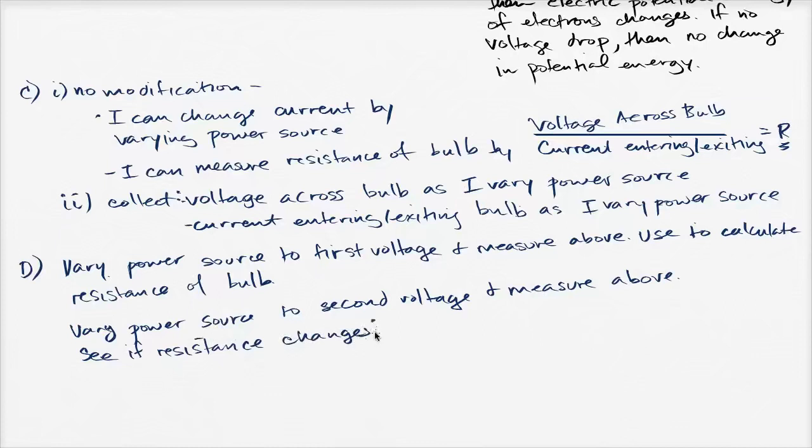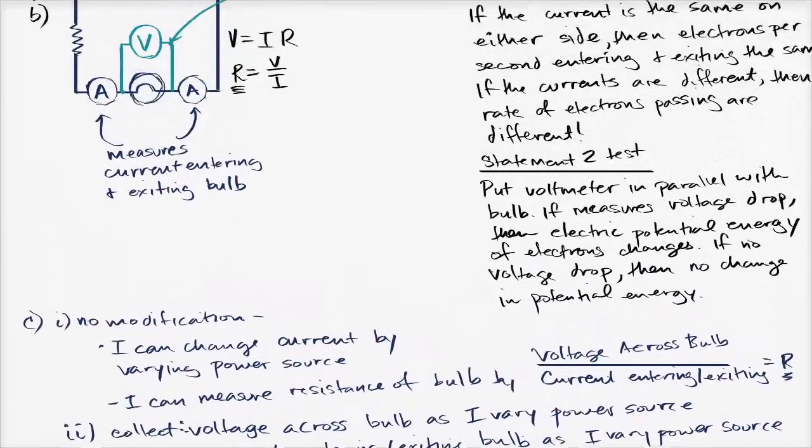So we could say, all the V's are across the bulb. If V1 over I1, the voltage across the bulb over the current across the bulb, is equal to the voltage across the bulb divided by the current across the bulb after I change it, if these are equal, then the resistance has not changed, and so it's not non-ohmic.